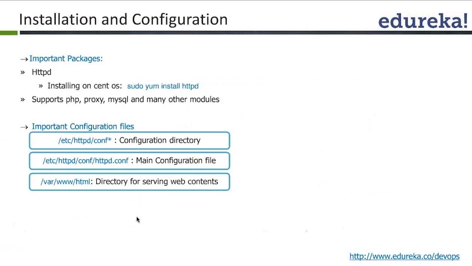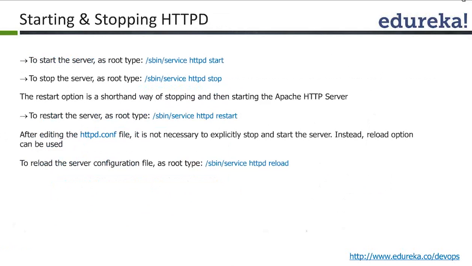When I say objects, these are your images, your HTML files, or any other files that you want to serve through the web, and they are kept in this particular path. This is how it is configured. And then of course we're going to do the labs of all of these things.